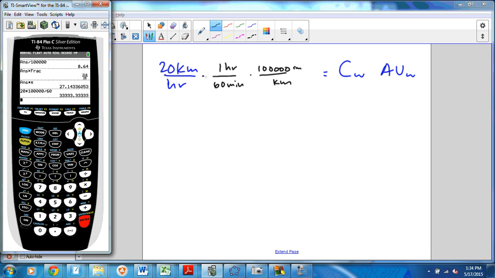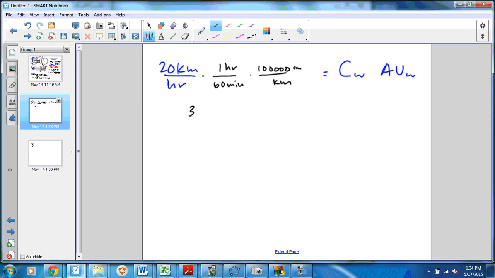And you can keep that as a fraction also. I'll go to decimal just to save time here. 33,333. And now that's in centimeters per minute. My hours canceled, my kilometers canceled, which equals the circumference of the wheel, which was 60 pi centimeters.